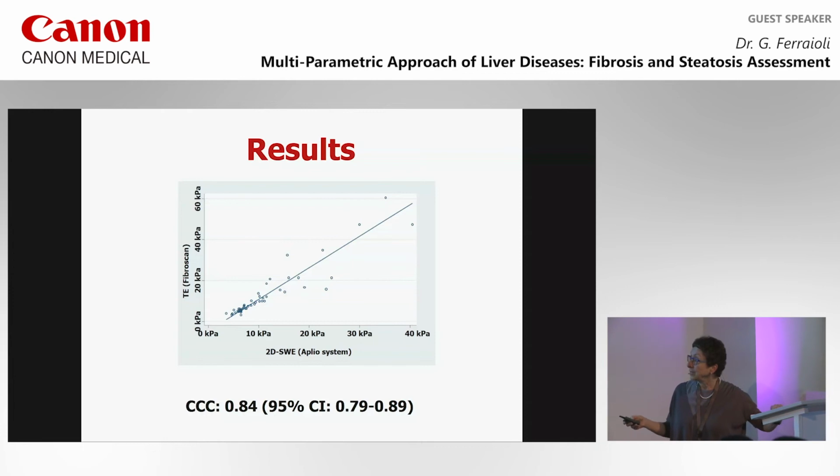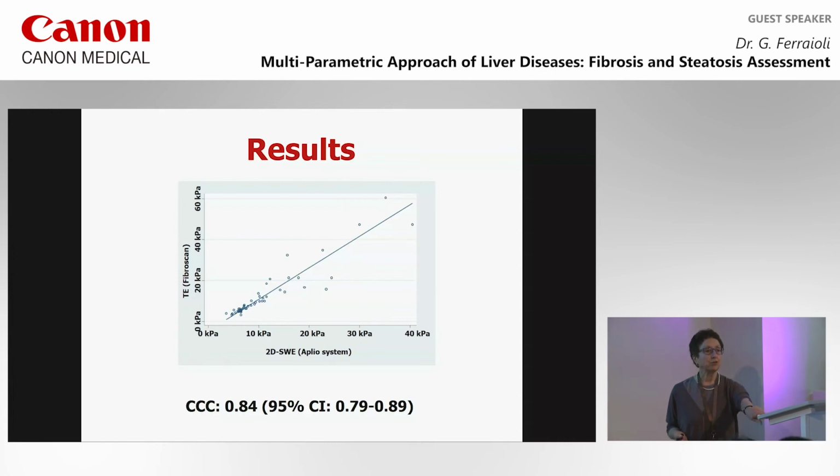As you can see, here the data were grouped and similar to the data obtained with the FibroScan device. Whereas for higher values of stiffness, you can see that there's a dispersion of the data.